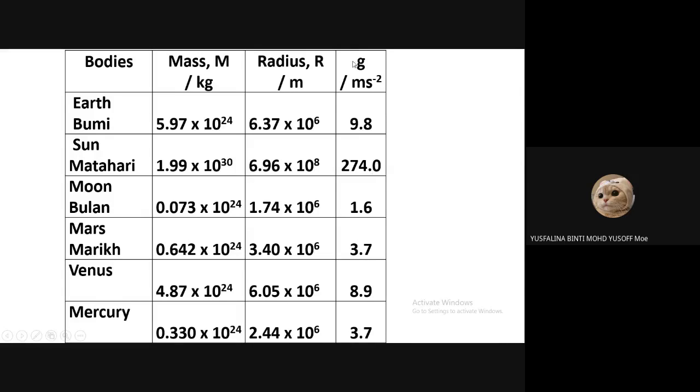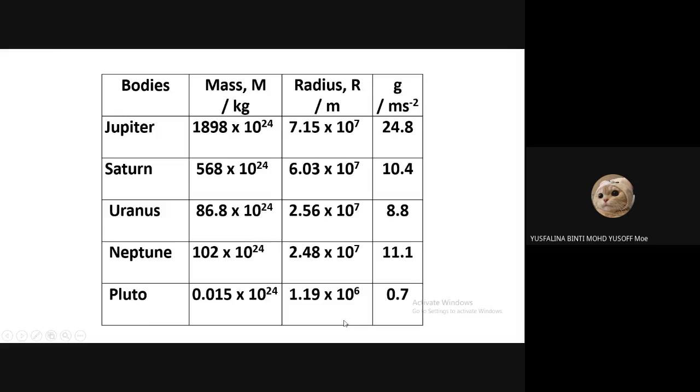This is the value of g. You don't need to memorize this, it is just for your knowledge. This is for Jupiter, Saturn, Uranus, Neptune, and also Pluto. But Pluto is actually not considered a planet anymore, so only up to Neptune.